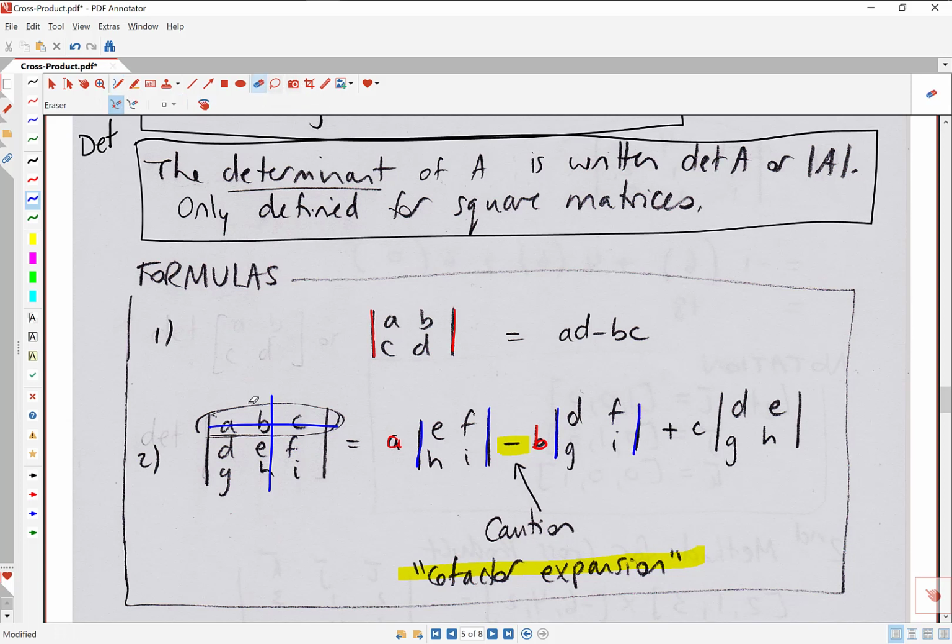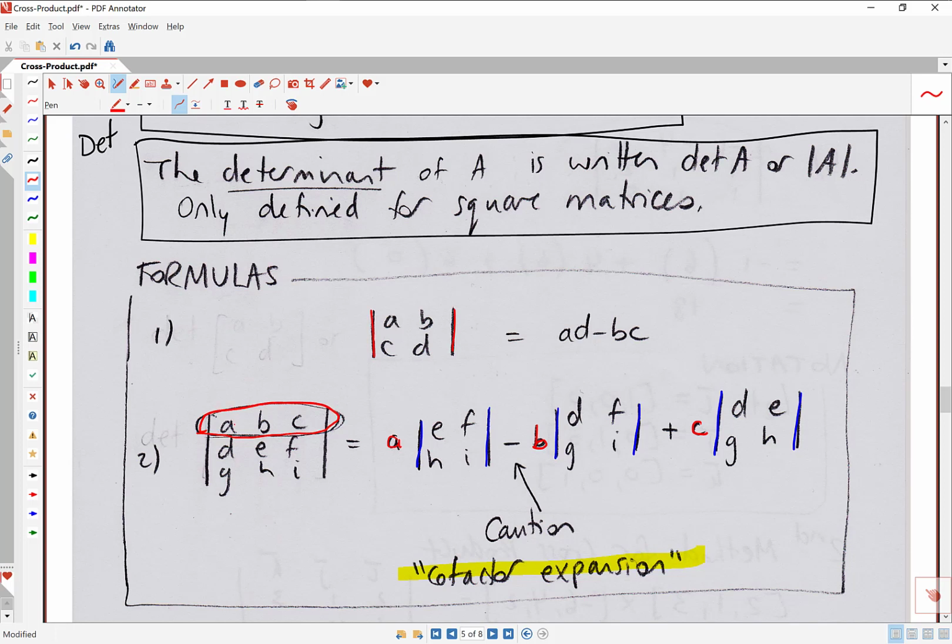Okay, and then we're going to continue working our way across the top row. Then we're going to hit the number C, and we're going to go plus C times the little 2 by 2 determinant that results when we cross out the row and column containing C. So C is getting multiplied times this little 2 by 2 determinant that contains D, E, G, H. So just to summarize then this process of cofactor expansion, where we calculate the determinant of a 3 by 3 matrix, we work our way across the top row.